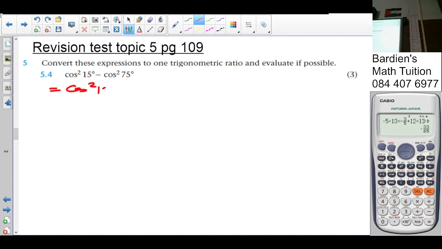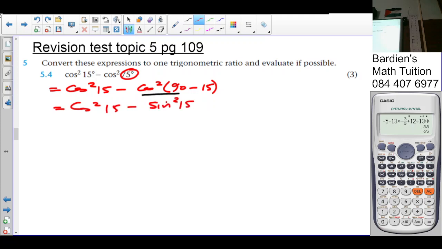So it will be cos squared 15 minus sine squared 75, and 75 can be written as what? 90 minus. So it's going to become cos squared 15 minus sine squared of 90 minus 15. Not so. The 90 minus 15 takes us into the first quadrant. Cos is positive, but cos changes to sine. And there we go.